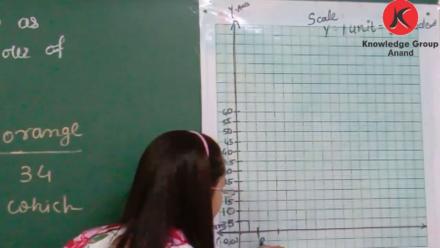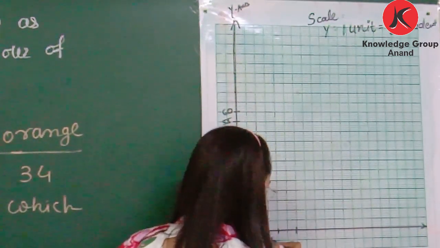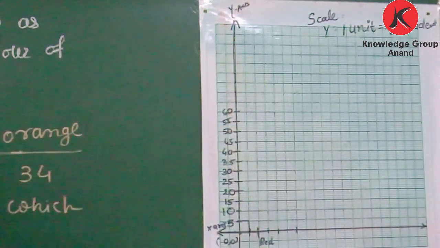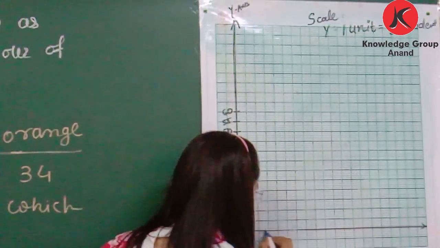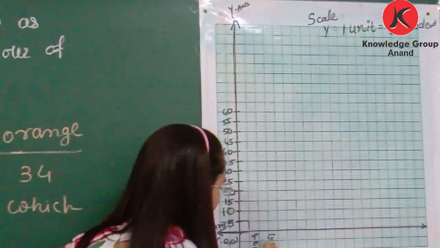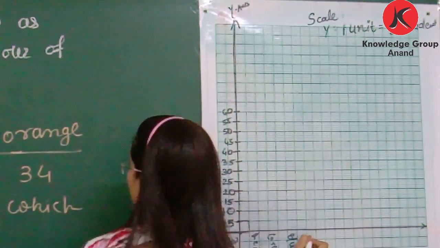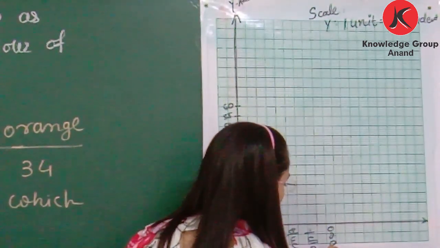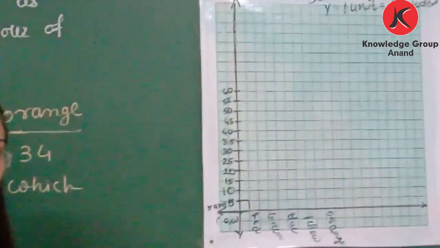Now, here we need to write the colors liked by students. The first box is for red color, then this box is for green color, then this one for blue, then this is for yellow, and last orange.